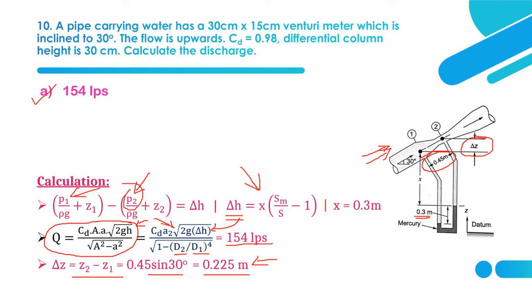So this is the purpose of inclination, the use of inclination in this scenario, to find del Z. How to find del Z? We have to make it vertical so that we can multiply 0.45 into sine 30 to get del Z as 0.225 meter. By substituting this del Z here, that is Z1 minus Z2, we can find the other pressure or throat pressure, while P1 is known and del H is also known by using this formula.